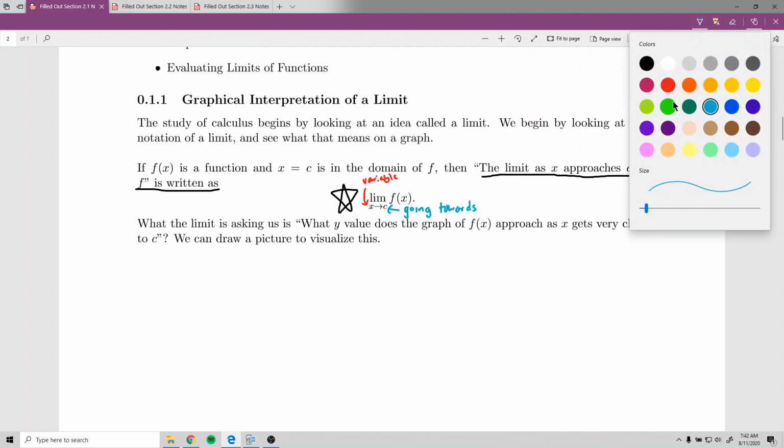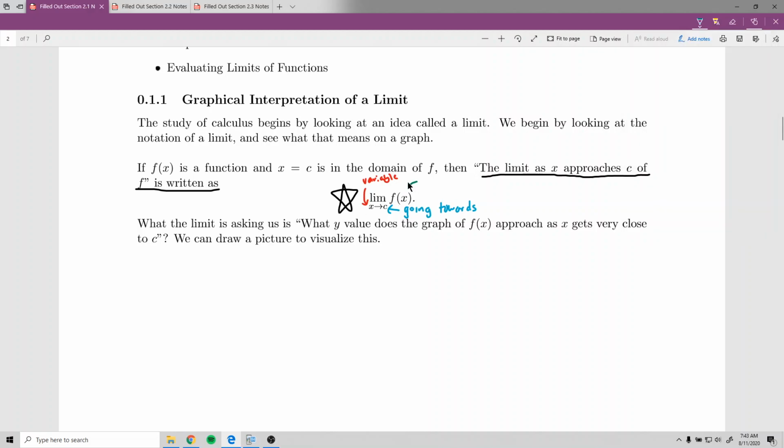And we just have the function inside, f of x. So all these parts are necessary. You can't just write limit, you can't just write the function, you can't just write the arrows or any combination, you have to write everything.